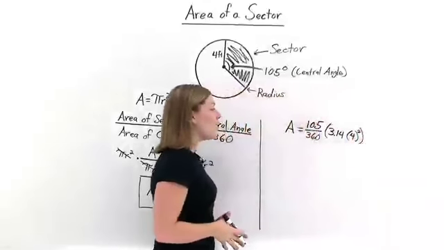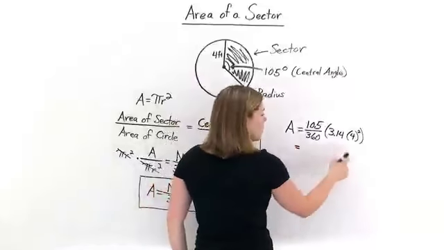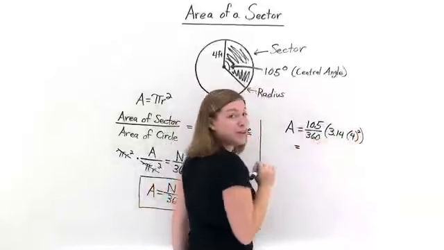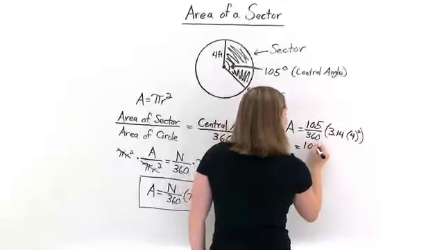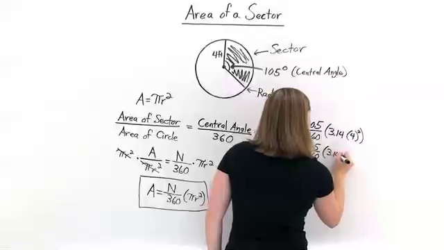Now to get our area, we just need to solve using the order of operations. So here we have something to a power, so we need to address that first. When we take 4 squared, we get 16.